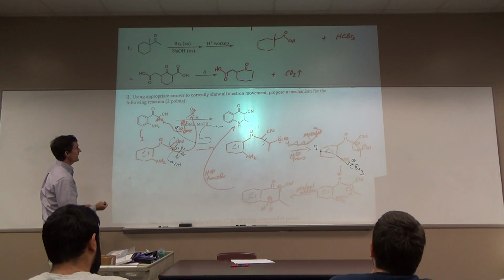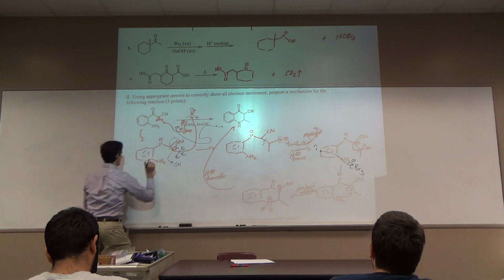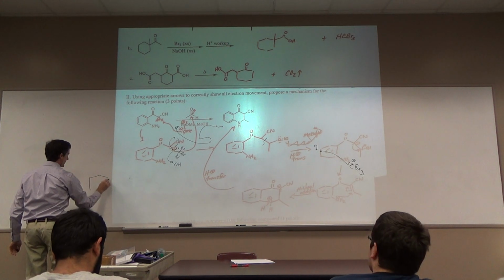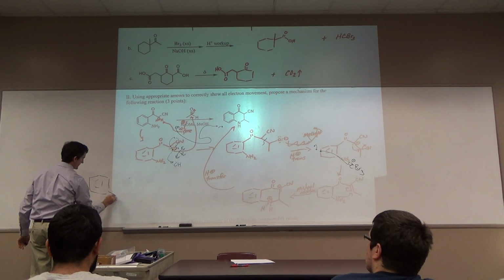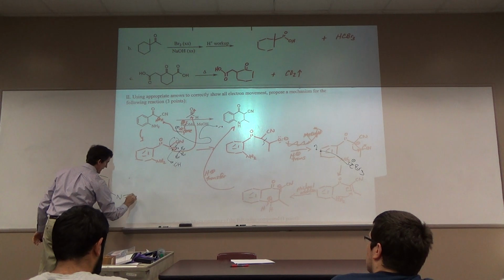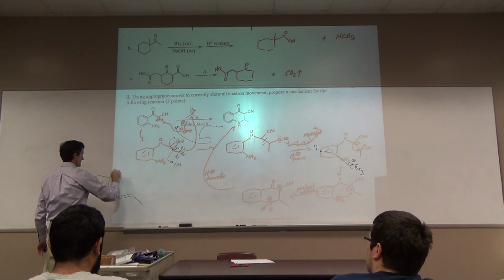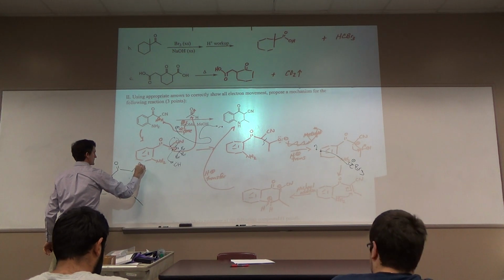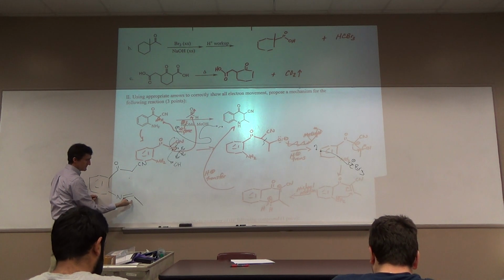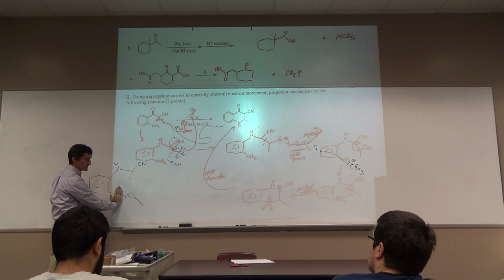You could have done this the other way. You could have the amine attack the carbonyl first, and with the amine attacking the carbonyl, you could get something like this, where this is the amine. Okay, nitrogen replaced the carbonyl oxygen.